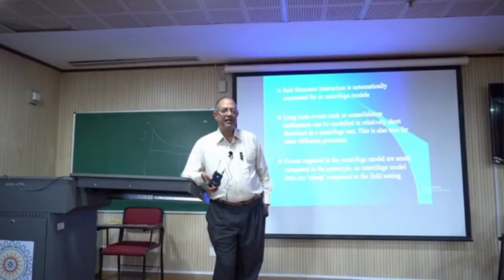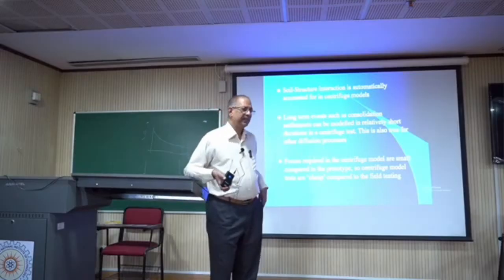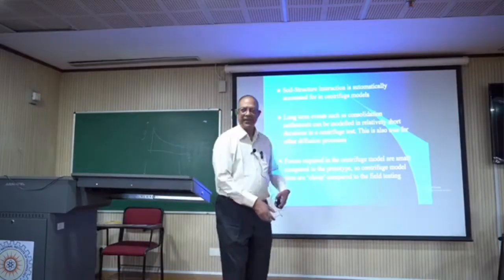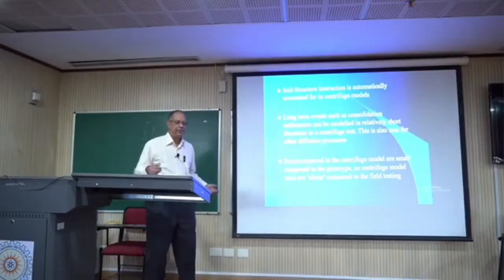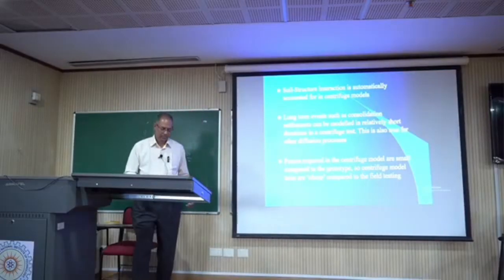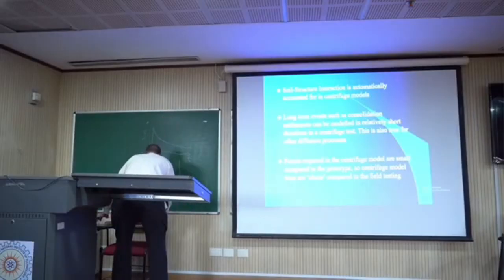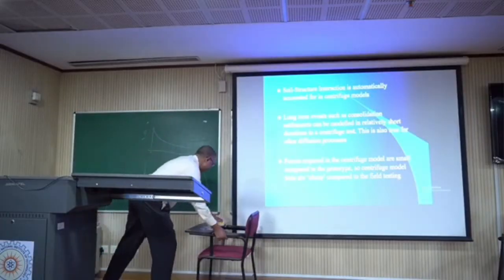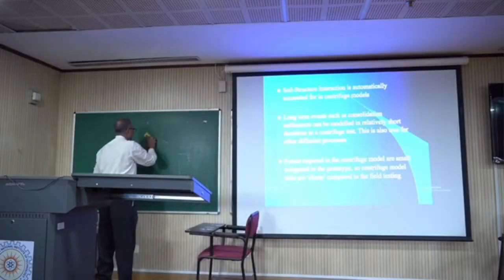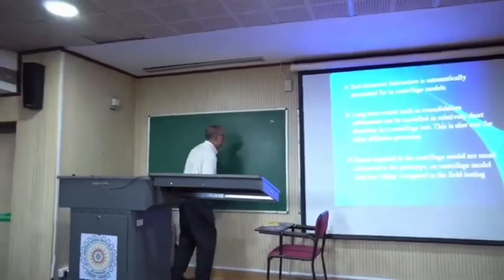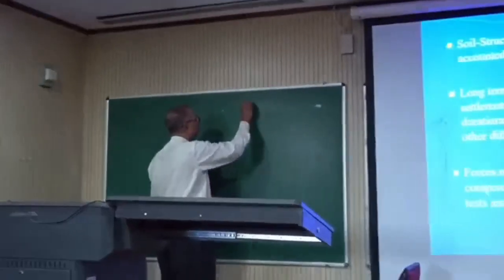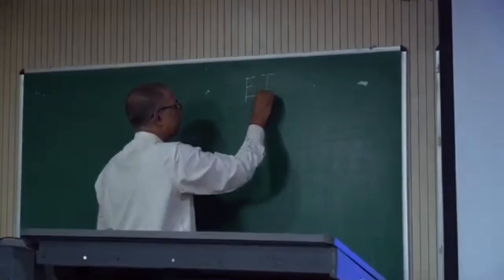I have a question regarding the pile material stiffness scaling. How can we do it? Okay. Easy. Say you're interested in bending of pipe. Like what we've been talking. So in the model and in the prototype, you want the same EI, right?